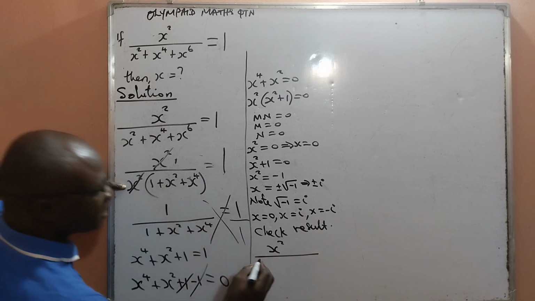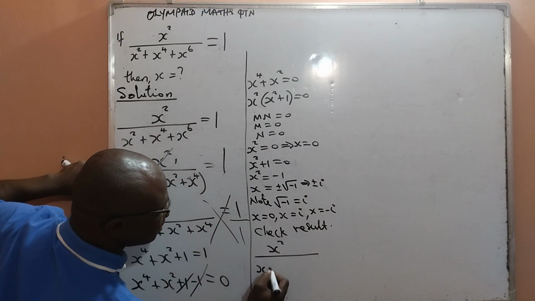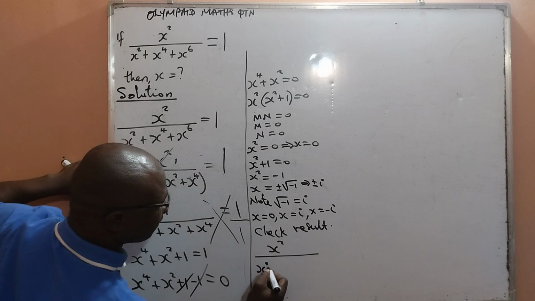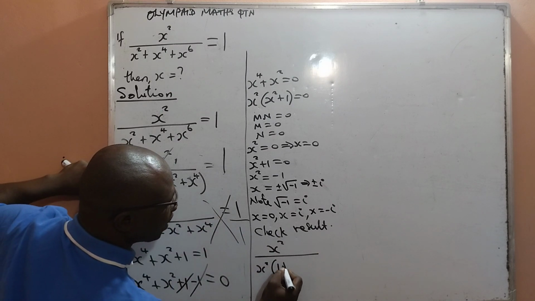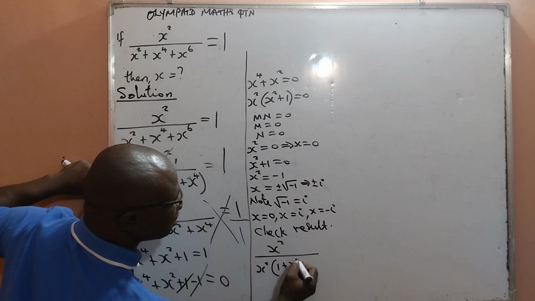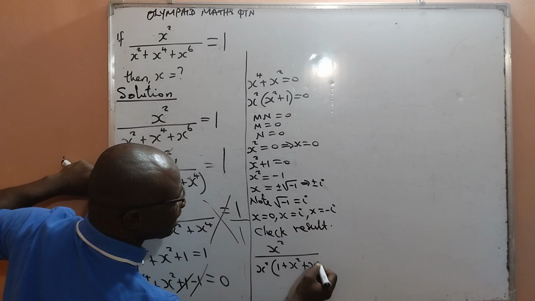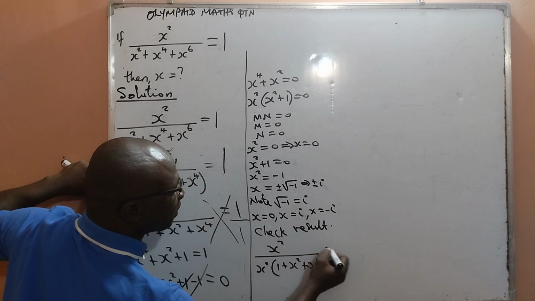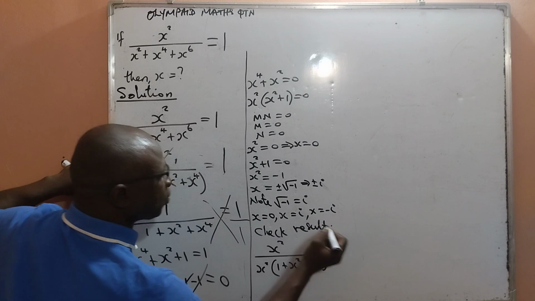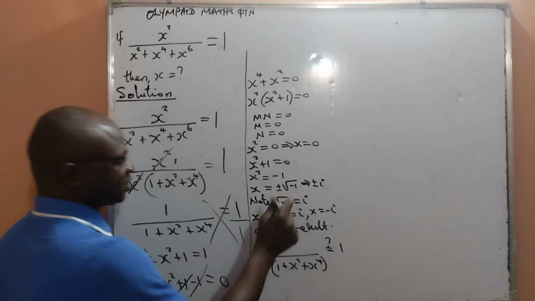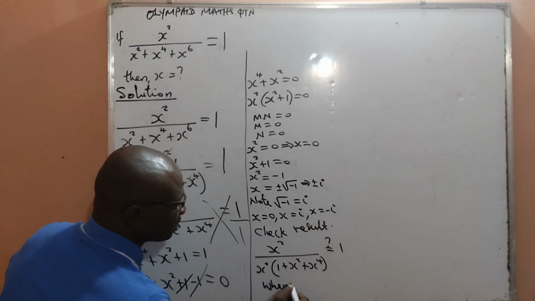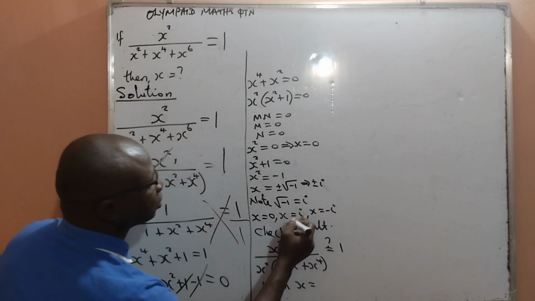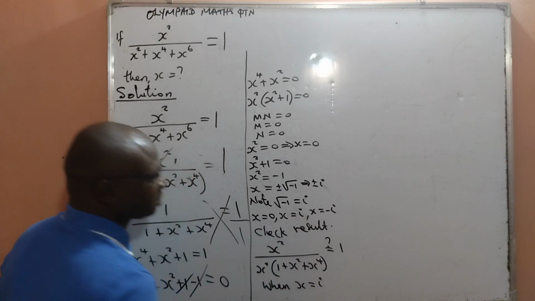So I'll start from here: x squared into 1 plus x squared plus x to the power of 4. I want to find out if it will give me 1 when I replace x with i.